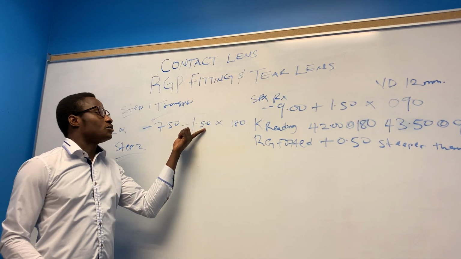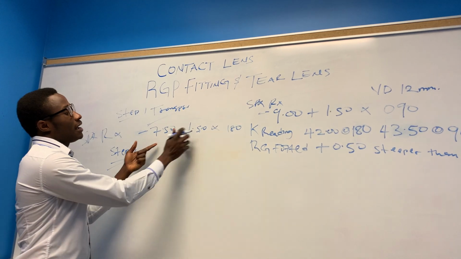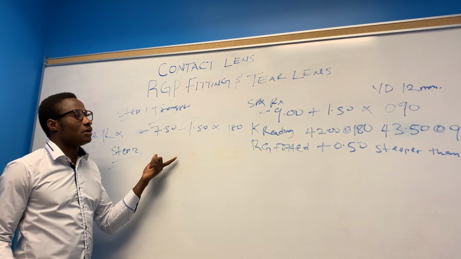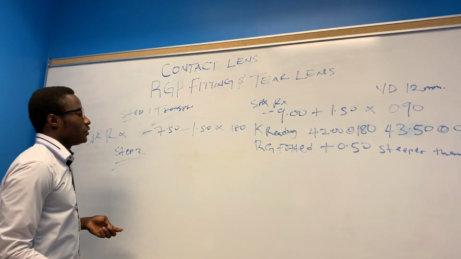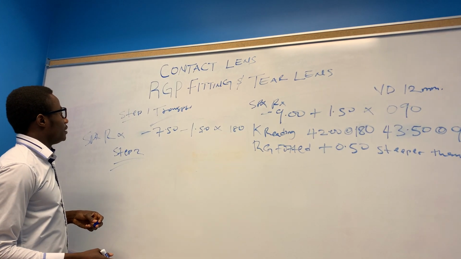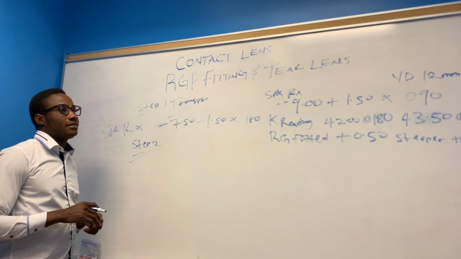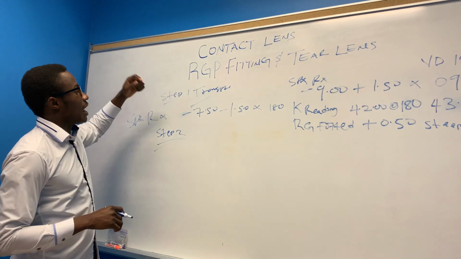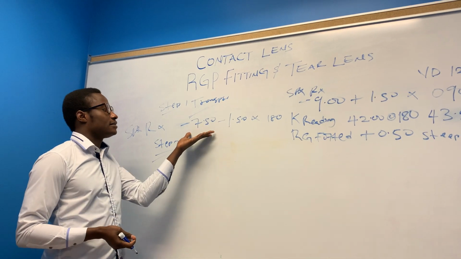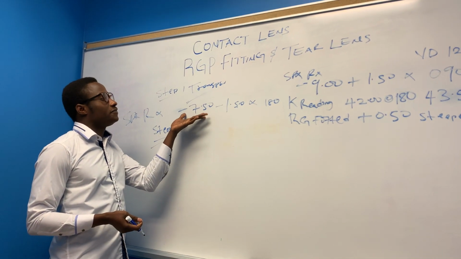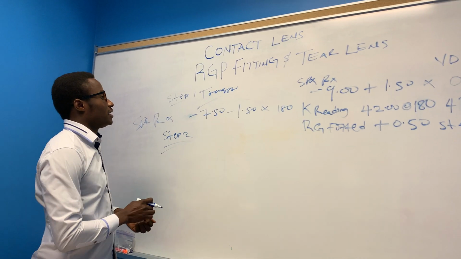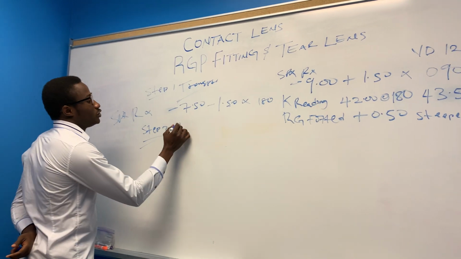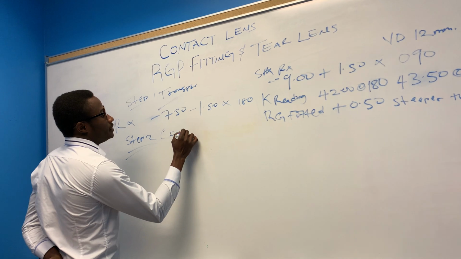We want to find out what this power is at the corneal plane, because the vertex distance for contact lenses is 0. So we are going to do what we call compensation.